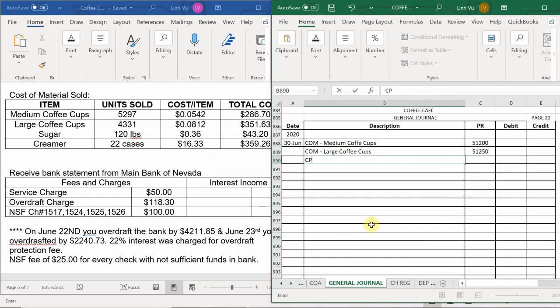And then sugar, 51300. Creamer is 51350. Okay. Perfect. All right.